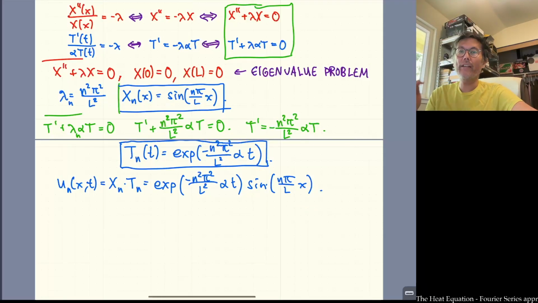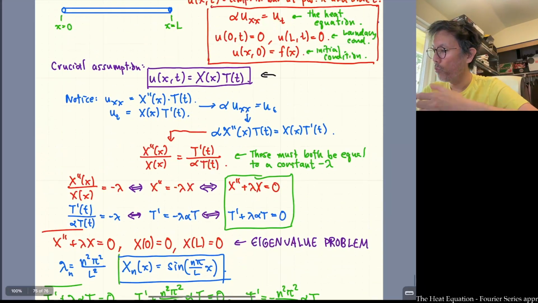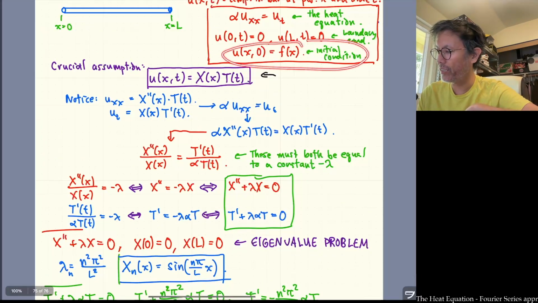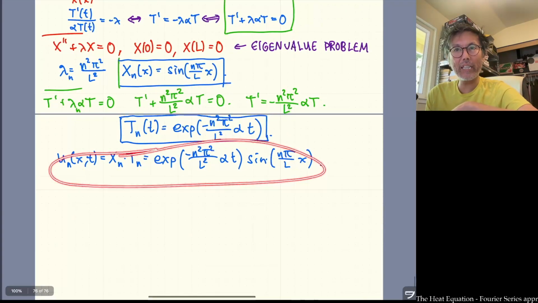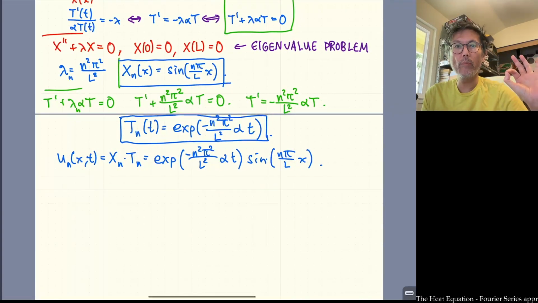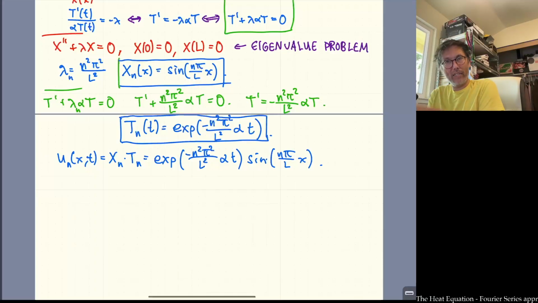And what we know is that sine of 0 and sine of n pi are both 0. So this really does satisfy the boundary conditions. How lovely. However, what isn't satisfied by this equation is the initial condition. That's a problem. The initial condition is f of x. I don't see f of x anywhere in here. Do you see what I'm saying?